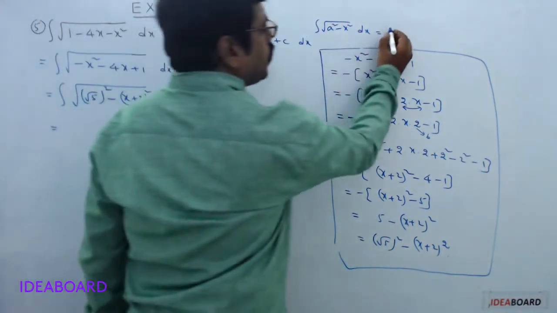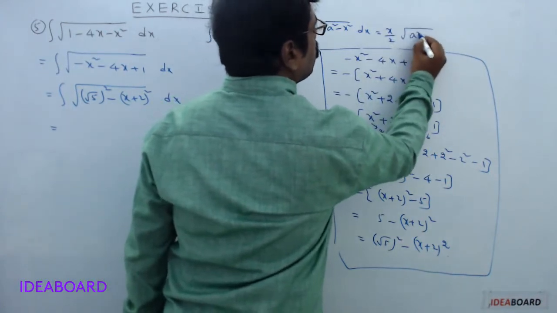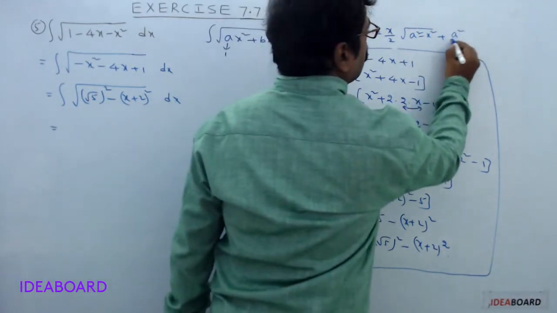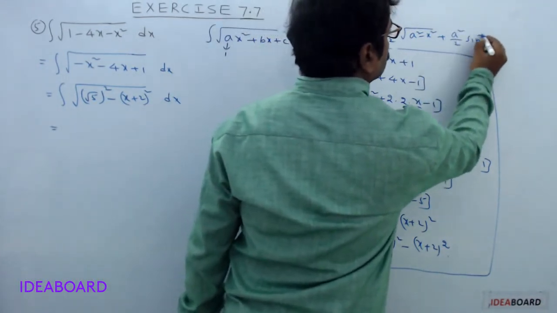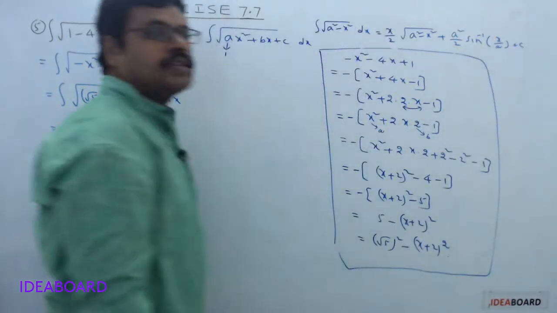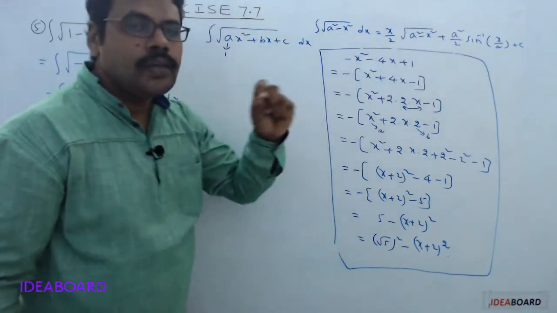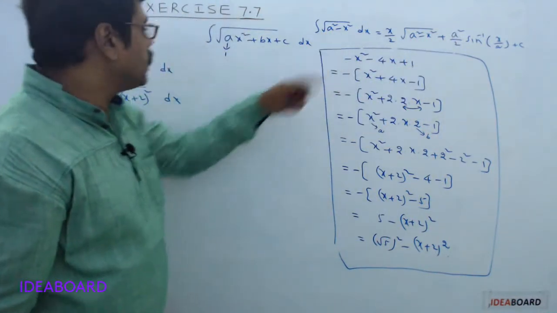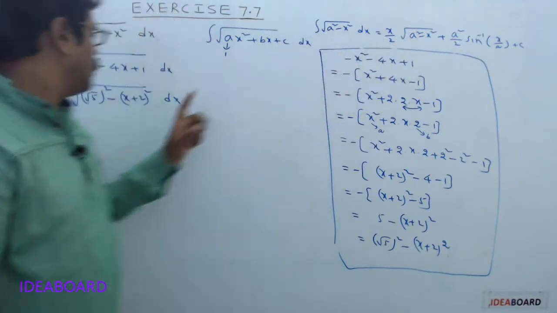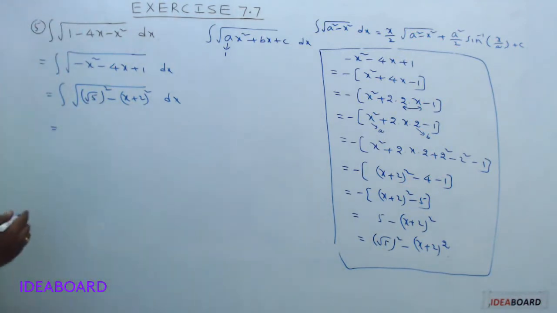What is its formula? It is x by 2 into square root of a square minus x square plus a square divided by 2 into sine inverse of x divided by a plus some constant c. So, in this formula, you replace x with x plus 2 and a with root 5. Apply that formula on your given problem.